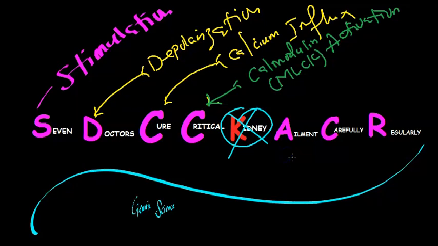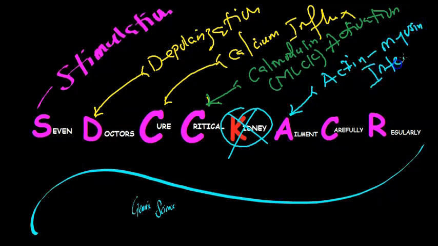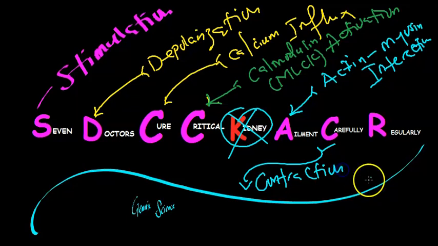So the next thing is A. This A simply stands for actin protein, myosin interaction. And finally, we have the C, which is the contraction. So what is the opposite of contraction? The opposite of contraction is basically relaxation.